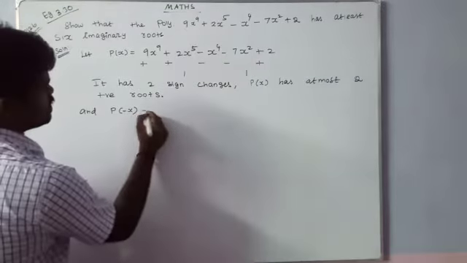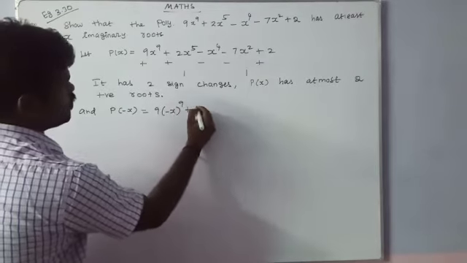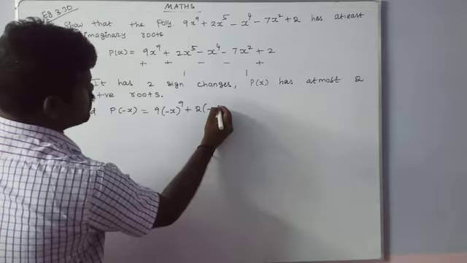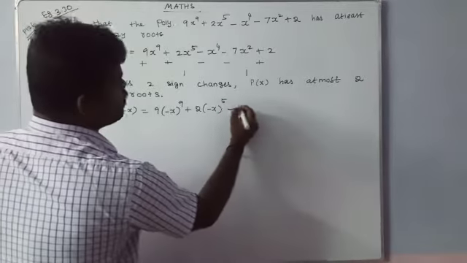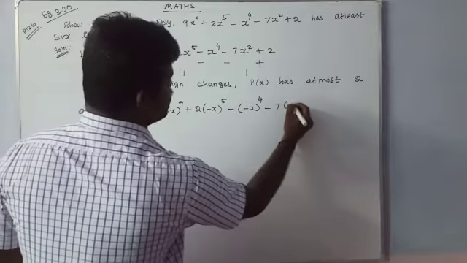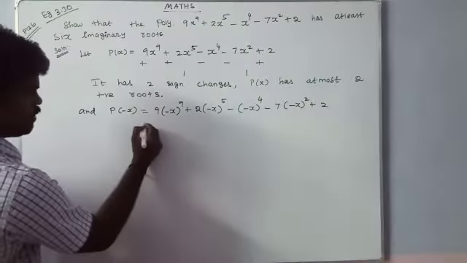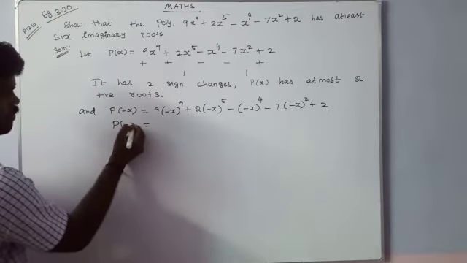P of minus x is equal to 9 into minus x whole power 9 plus 2 into minus x whole power 5 minus minus x whole power 4 minus 7 into minus x whole squared plus 2. So what are the values of p of minus x?